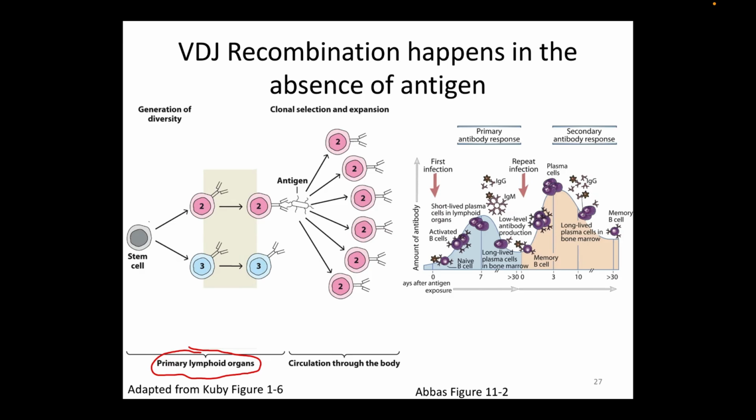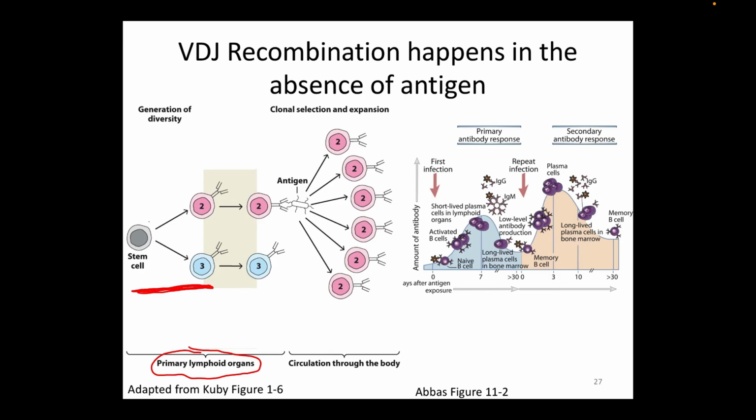And we basically see that our stem cells undergo VDJ recombination away from pathogens, not trying to do recombination to make something that matches a particular antigen, but basically trying to do recombination to make a full breadth of different cells.